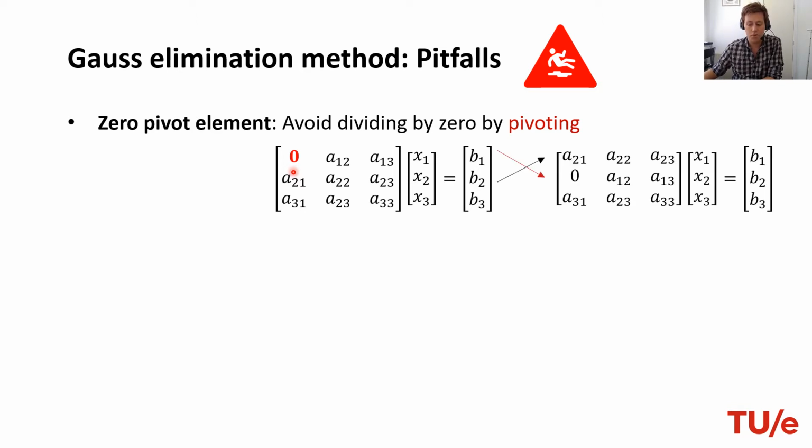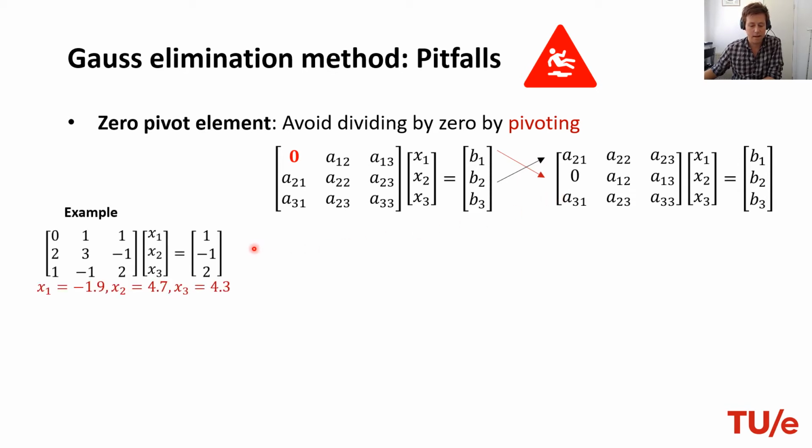A simple solution is to exchange rows. We exchange the first and the second row, and that's what we call pivoting. In this case, we avoid having to divide by 0 when we do the forward elimination.